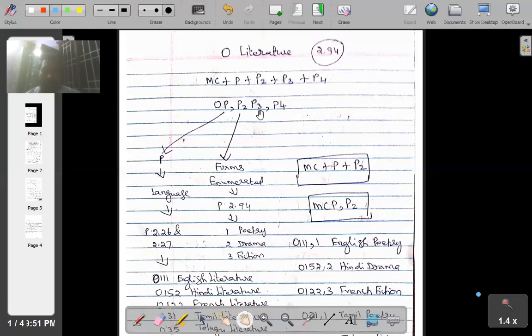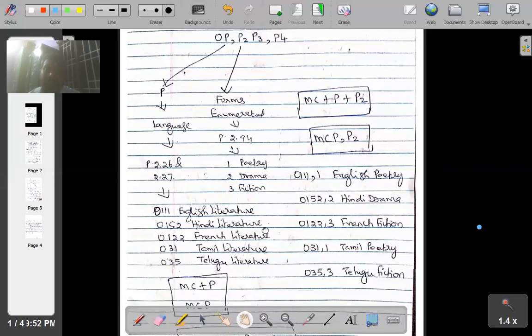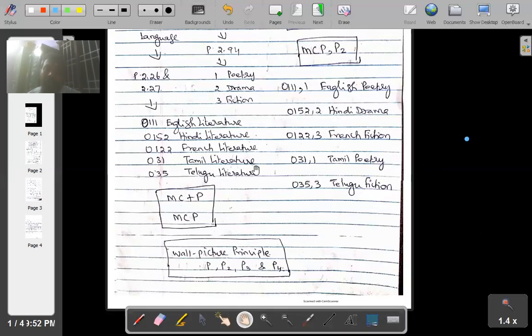Ranganathan has got a sequence, an order for all these 4 important components. What are they? Language, form, author, and work. And these 4 are the fundamental categories which are arranged in this particular order.